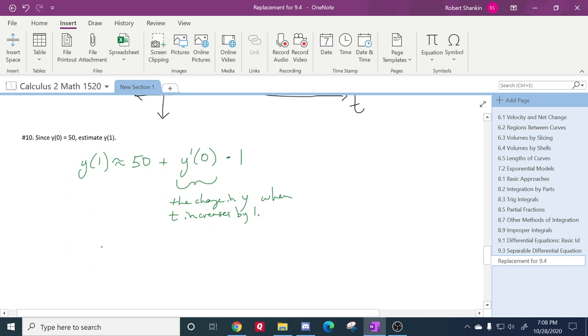So, all right. Now, the change in y, delta means change in. Change in y in the first minute is equal to, we'll call it salt in, the amount of salt that came in, subtract salt out, the amount of salt that went out.